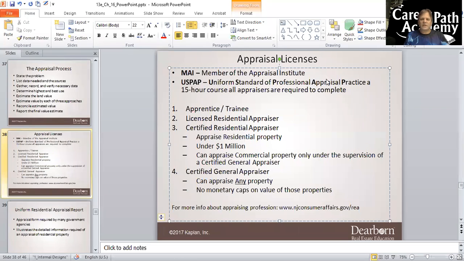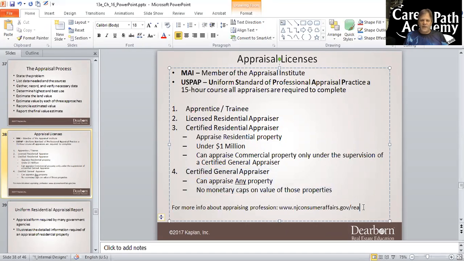And they can appraise commercial property only under the supervision of a certified general appraiser, which is the highest appraiser license type. Remember, general can do more. So a certified general appraiser can appraise residential property over $1 million. They can appraise raw land. They can appraise commercial property. They can appraise any property, and there's no monetary caps on the value of the properties that they're appraising.